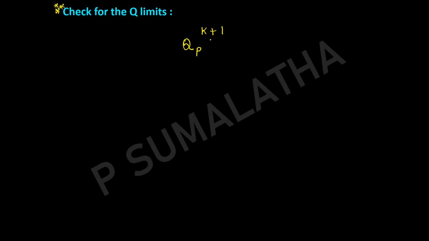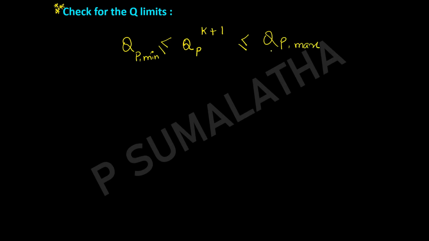We should check whether this value is coming within the desired range or not. For example, they will give you this Q should be greater than some minimum value Q_p min and less than or equal to Q_p max.